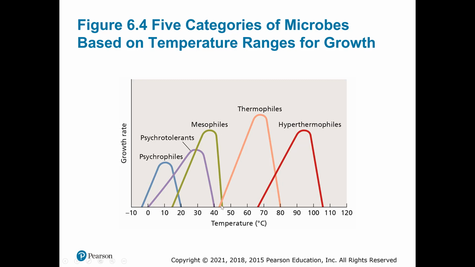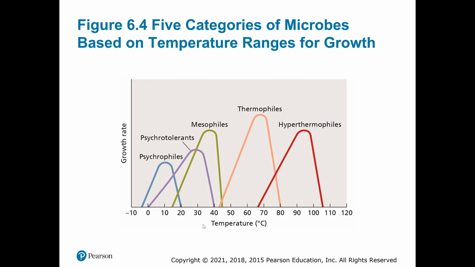So mesophiles, that range is around 20, maybe a little bit less, up to maybe 45, but the optimal temperature within that range is about 37. So our cells, us as an organism, we would be known as a mesophile.